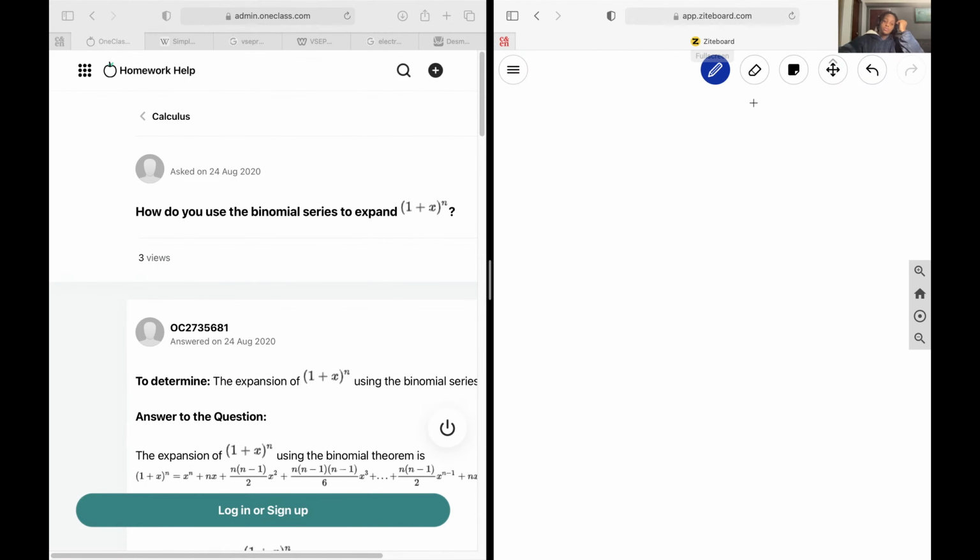On to our next question, we want to use the binomial series to expand a certain expression.